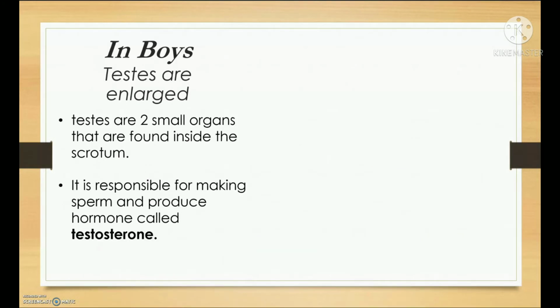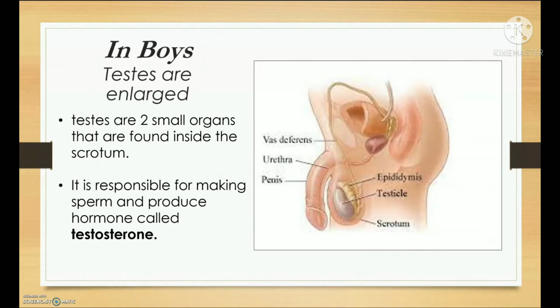So we will first talk about the physical changes in boys. Okay, repeat after me. Testes are enlarged. Very good. So the testes are two small organs that are found inside the scrotum.